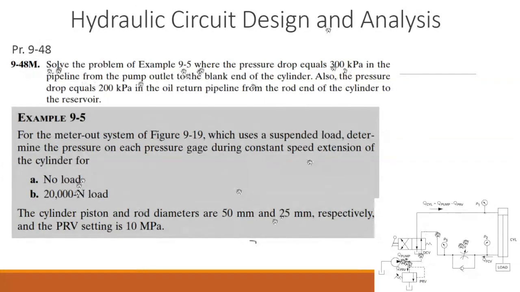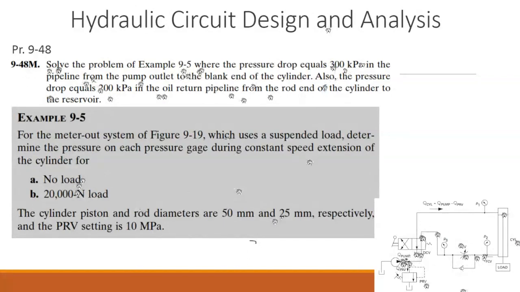So whatever pressure is produced at the pump discharge, you will get a pressure 300 kilopascal less than that here. Also, the pressure drop equals 200 kilopascal in the oil return pipeline from the rod end of the cylinder to the reservoir or the tank. So from the rod end until the tank, the total pressure drop for this line is 200 kilopascal.